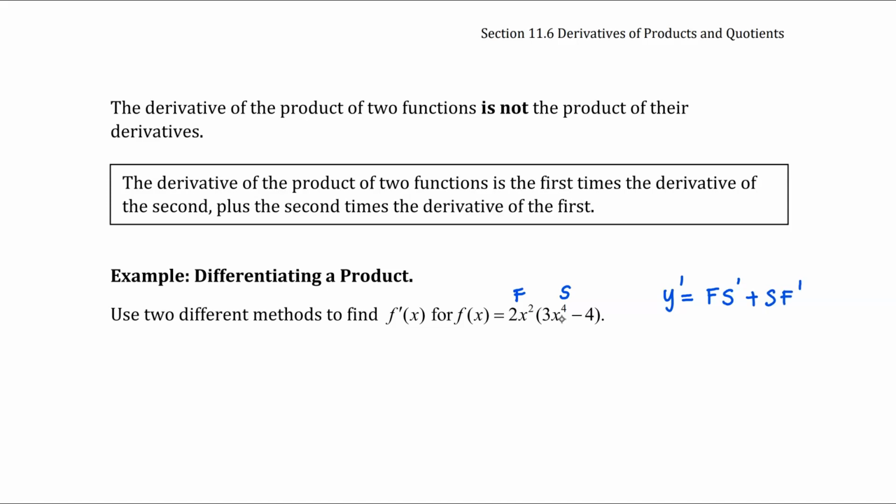Now, using that formula, we can obtain f prime of x. To get f prime of x, you copy first the first factor.